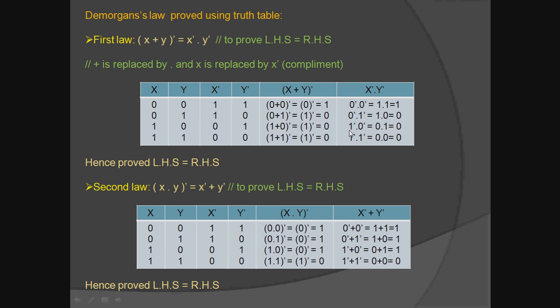Similarly here 1 0 becomes 0 1 and then 0, and here 1 1, so the negation becomes 0 0, and then we get the value 0. So if you see these values that you get, it's the same, LHS equals RHS. So hence we prove the first law using the truth table, right?